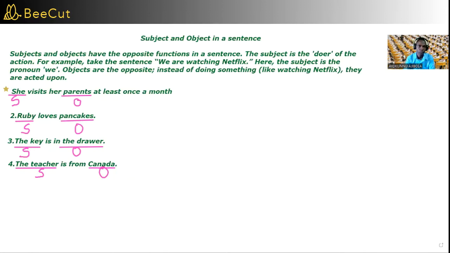Maria is the subject. What she lost is the object. So I'm going to underline that subject, while the money she lost is the object, her money. You can underline both her and money. So it's her money. That's the object.